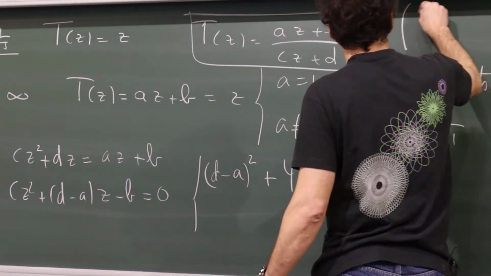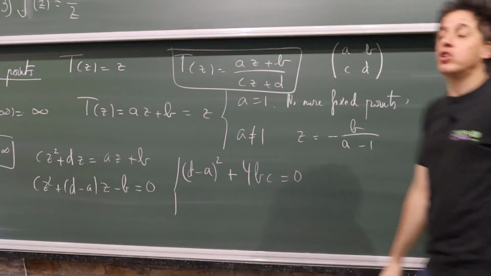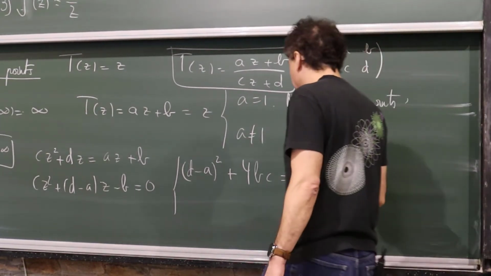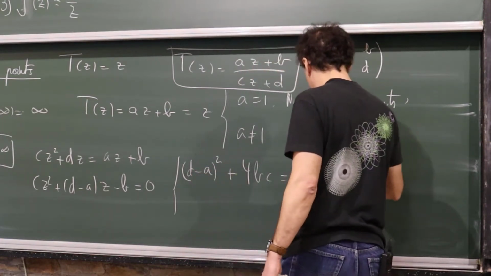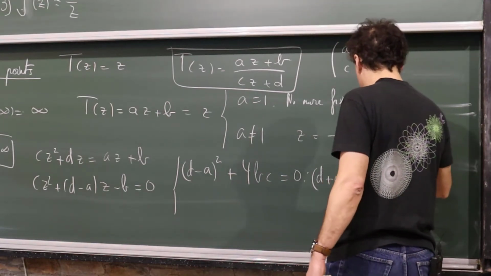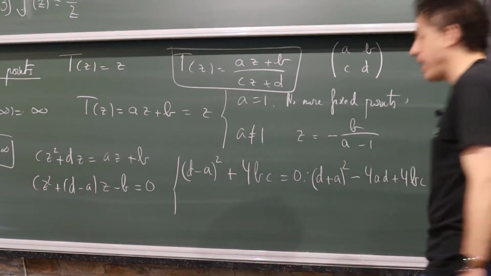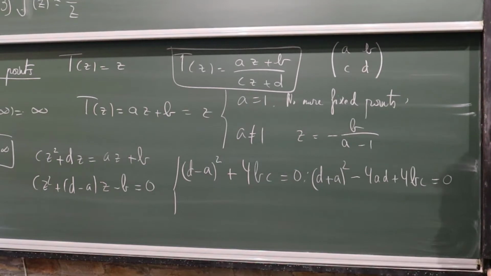Let us consider the matrix of the Möbius transformation here. So this condition, we are going to write it differently. Instead of writing it like this, we are going to write (D plus A) square minus 4AD plus 4BC equal to 0. Why? D plus A is the trace of this matrix.